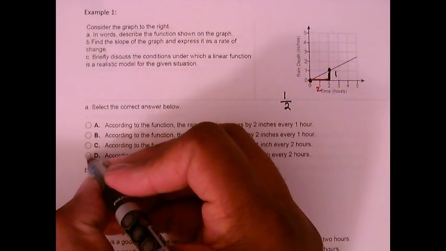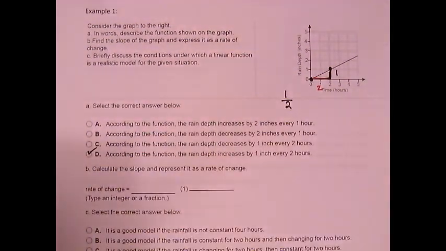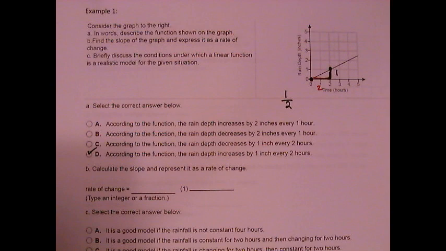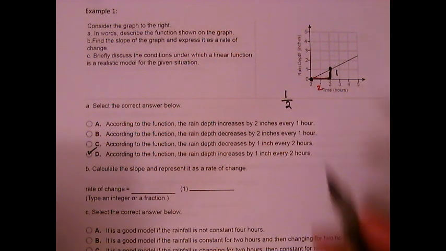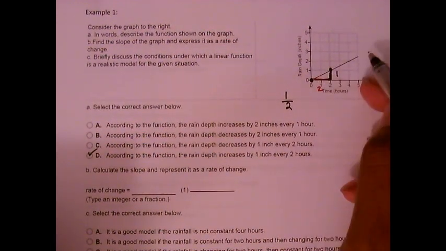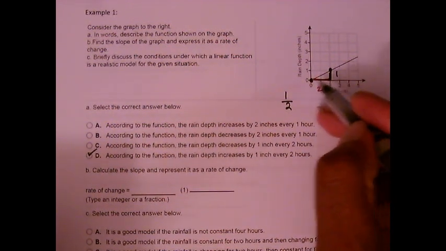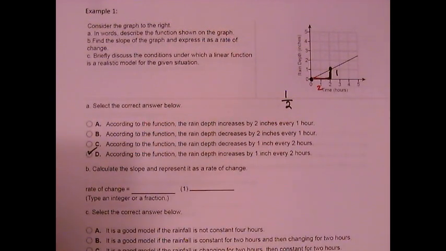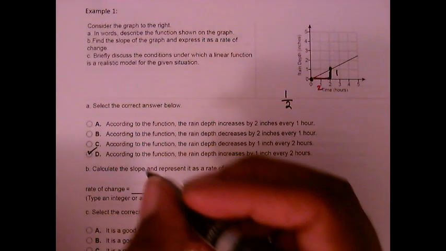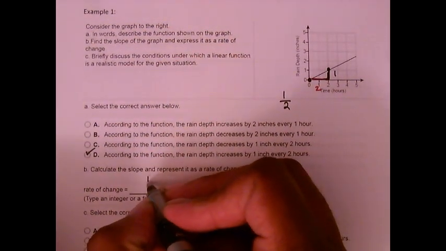So it's going to be this answer choice here. Because you see that this line is increasing here, so that means the ring depth is increasing 1 inch for every 2 hours. And then we're going to calculate the slope and represent it as a rate of change. So that rate of change is going to be that 1/2 that I came up with.